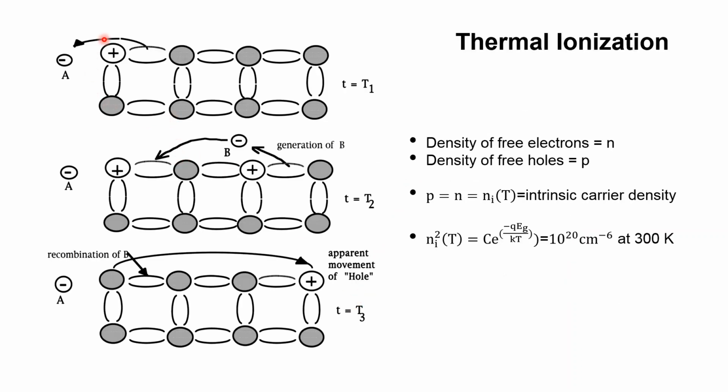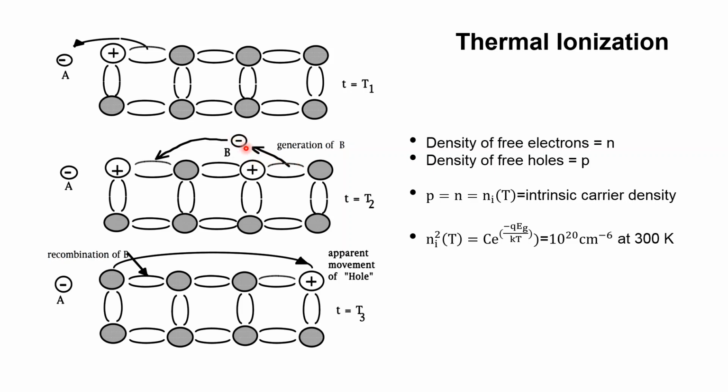So let us say this is your silicon structure, and one of the bonds is broken and an electron is liberated, leaving behind a positive charge or hole. So suppose that there is another electron in the vicinity of this atom, which is liberated by the breaking of the bond.